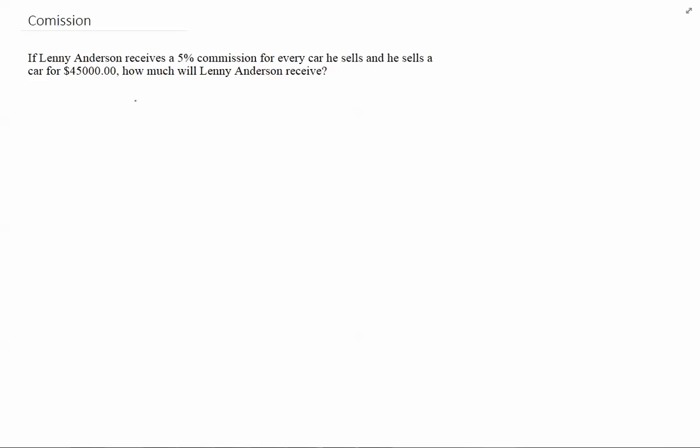Again, we start with our percentage, 5 out of 100, and we have to decide, is the price of the car, $45,000, the whole or is it the portion? Well, the sale represents the whole, and we want 5% of $45,000, and so we are looking for x out of 45,000. Cross multiply.